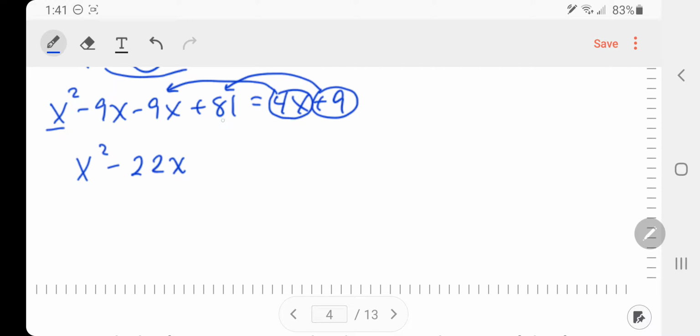We have 81 minus 9. Let's see, 81 minus 9 is 72. And so now we have a quadratic equation in standard form.